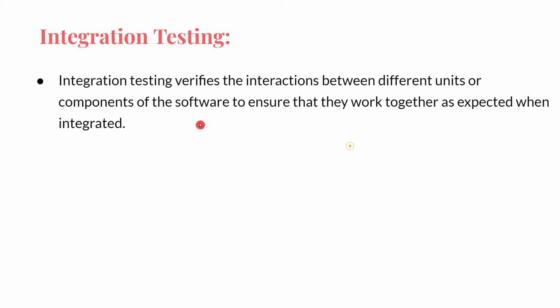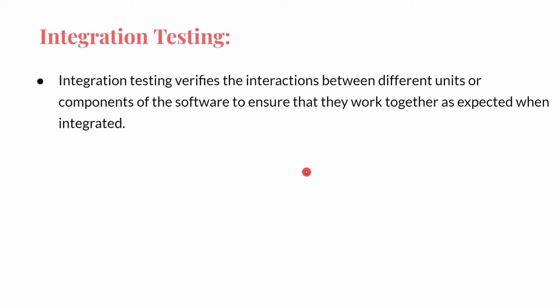Okay, now let's move on to our next term, which is called integration testing. Integration testing verifies the interactions between different units or components. So unit testing is checking one small section. For example, on a shopping website, the checkout and the payment section have to be integrated.